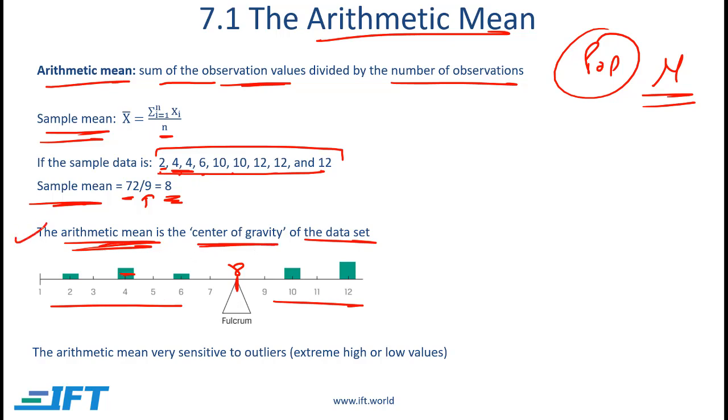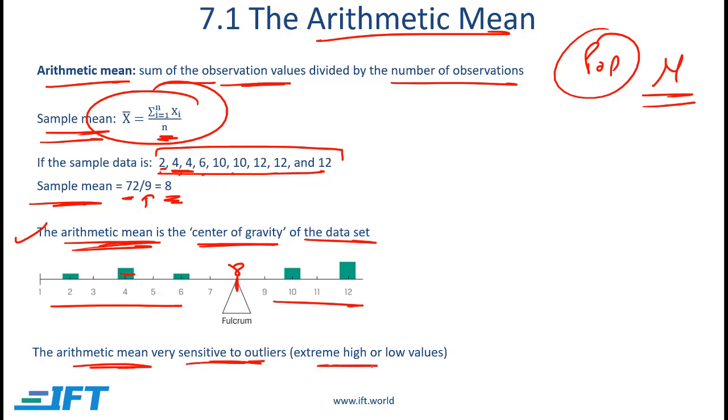If you understand this, that's great. If you don't understand this, not a problem. Just make sure you know this formula, that you calculate the mean by adding all the values and dividing by the number of values. From a testability perspective, it's important to recognize that the arithmetic mean is very sensitive to outliers.